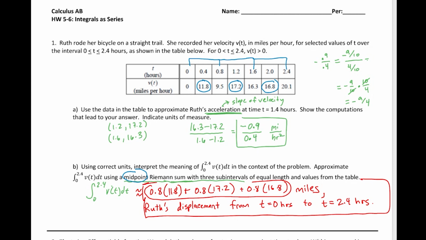And if we want to really just communicate like we're talking English here, we can say Ruth rode her bicycle 36.64 miles away from where she started, from time equals 0 to 2.4.